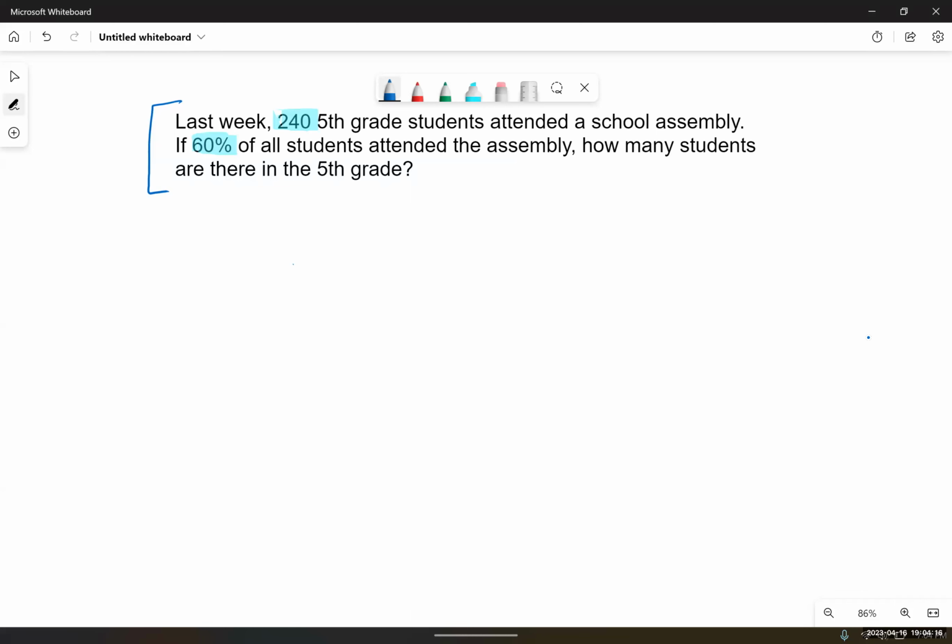So we know 240 students is 60% of the whole class, of the whole grade. So we could restate this as: 240 is 60% of what number?